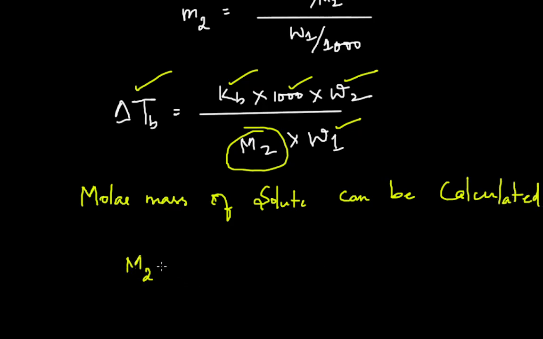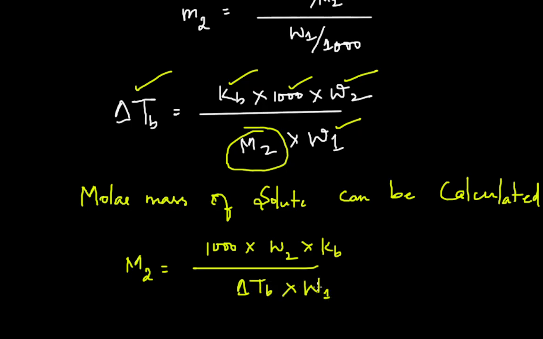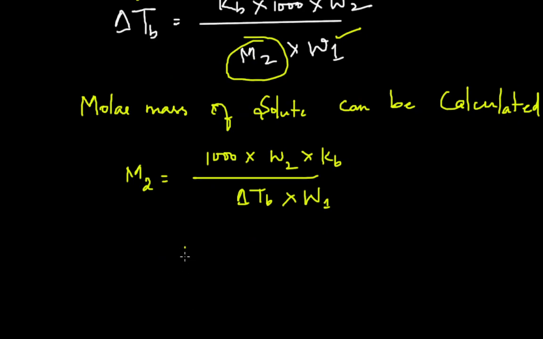So M2 can be calculated from this. Here the value of Kb depends on the nature of the solvent.